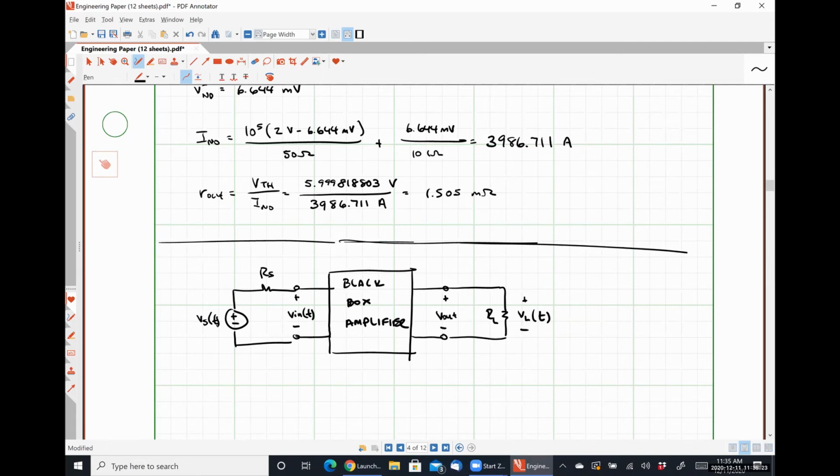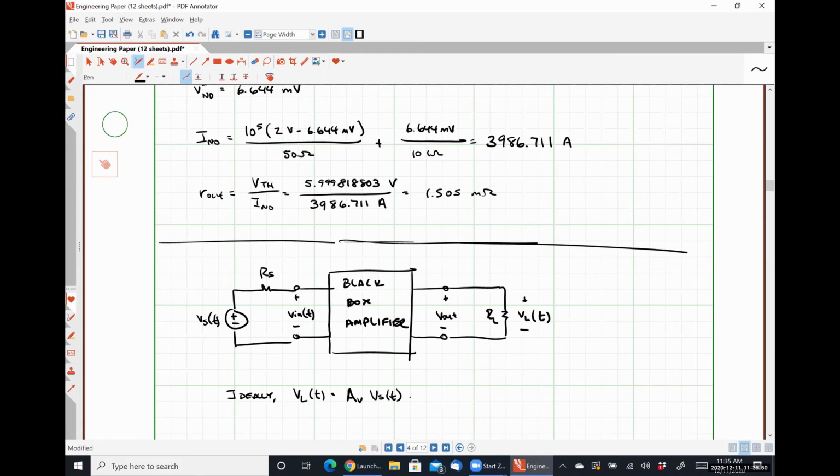If I am not mistaken, we said that the ideal operation of this system is that VL of t will be AV, some voltage gain, multiplied by Vs of t.